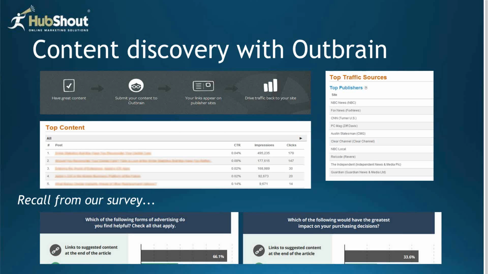And you can see here that we had, in some cases, about 500,000 impressions, 179 clicks on one of the stories. The next one down has 177,000 impressions and 147 clicks. So the click-through rate is similar to what you're going to find with display advertising. So for those of you looking at that number and saying, well, gosh, that's a 0.04% click-through rate, that's not great. Those are similar to the types of banner click-through rates that you're going to see.